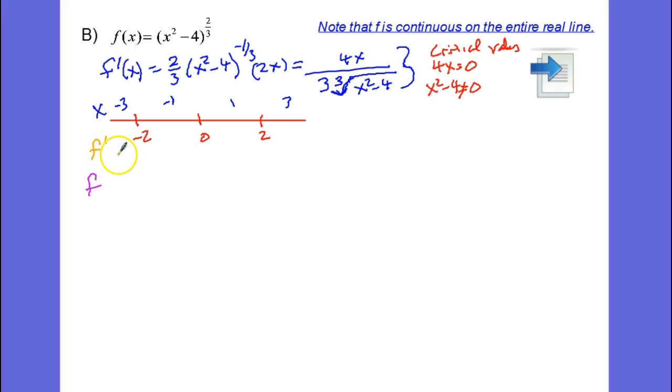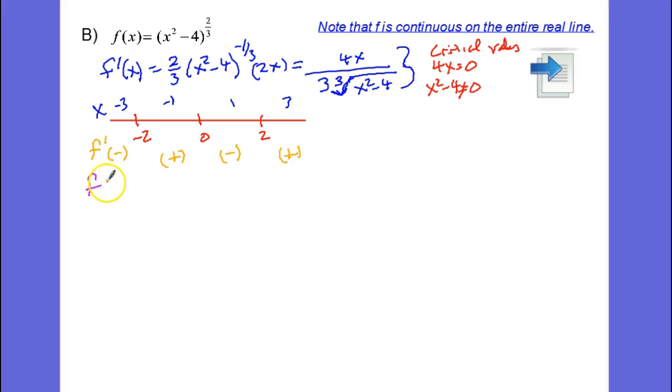I just want to know if the derivative is positive, negative, or 0. So if we plug in a negative 3 into f prime of x, we do in fact get a negative derivative. Negative 1 gives us a positive derivative. Positive 1, a negative derivative. And positive 3, a positive derivative.